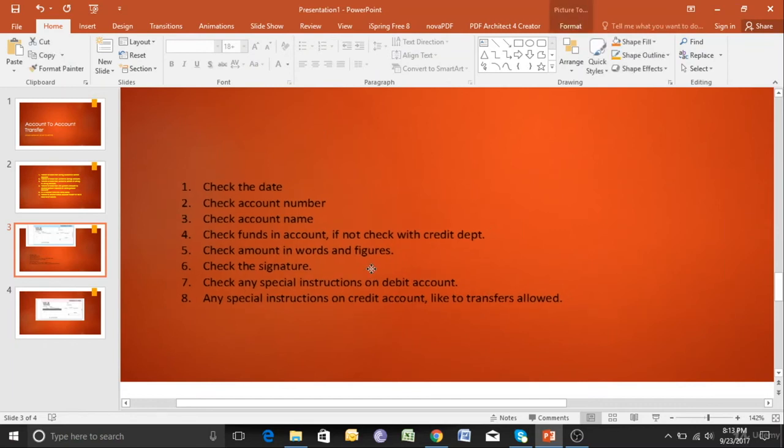If the overdraft facility is not available and the funds are also not enough to make a transfer of the said amount, or the amount which is written on the transfer voucher, then simply refuse it. You will not process the transaction, and of course the system will not accept it either, because the systems these days have internal controls and checks to stop such transactions.